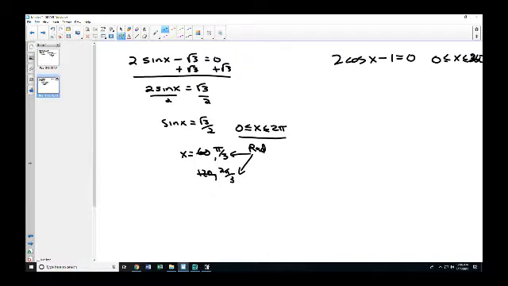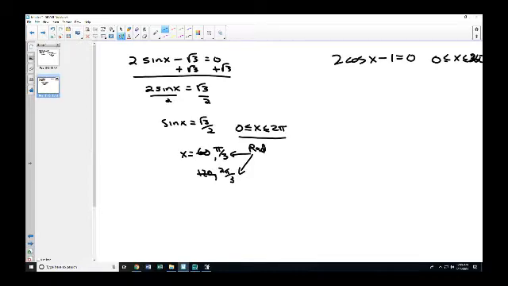It's not 120, because 120 is negative. Yeah, that would work, right? It's 60 and 300. I was thinking that.